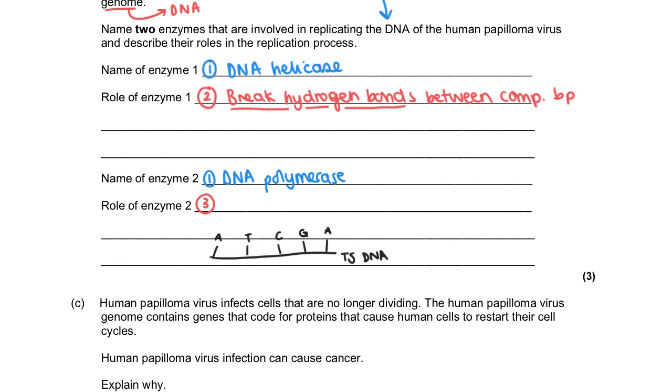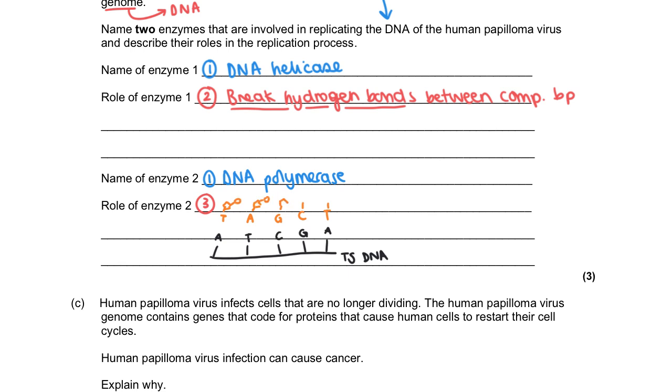And what we get in DNA replication is we get free nucleotides in the nucleoplasm just floating around that come over and find their complementary base pairs. Okay, so these are all individual nucleotides that have got their phosphate, I'm going to put it here, and their ribose sugar.